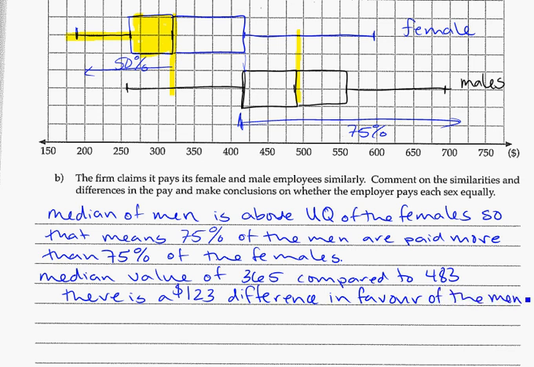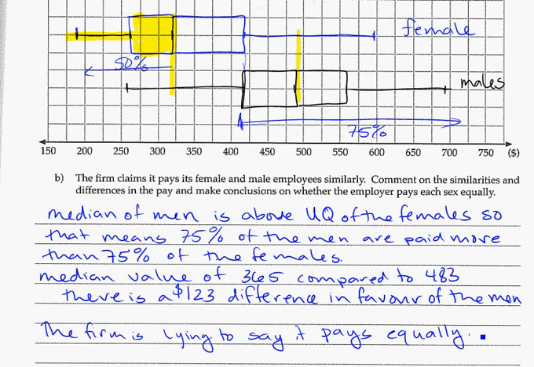So the middle value of men's pay is $125 more than the middle value of the female's pay. Again, pretty significantly different. So in this case, I would say the firm is lying to say it pays equally.